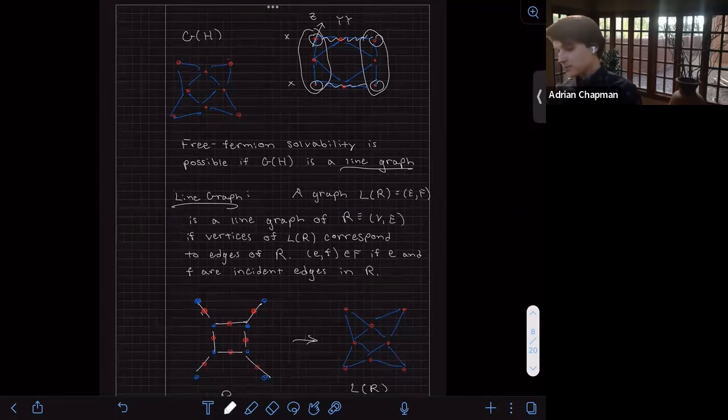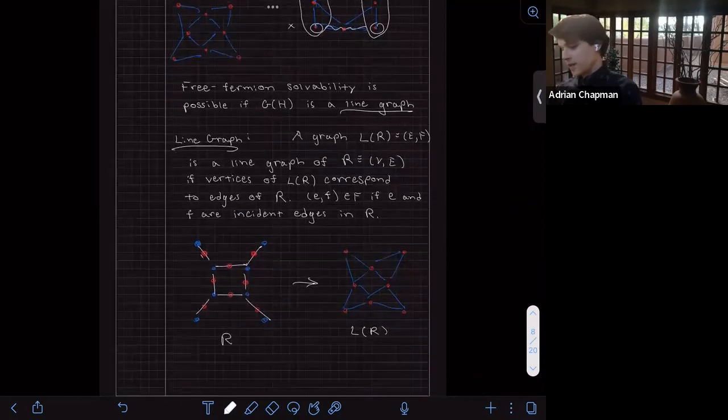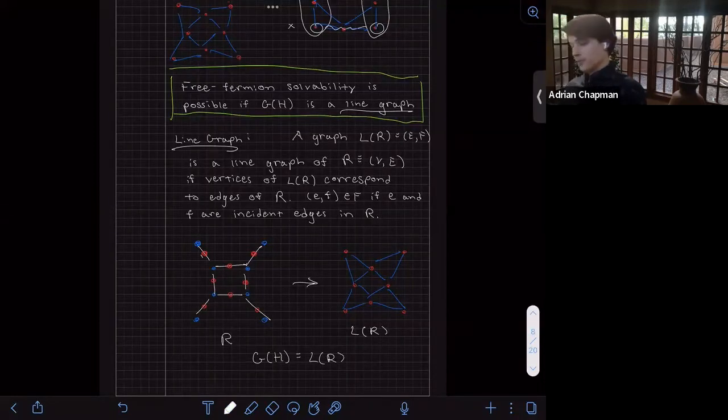And what's important is that, as we said, is an indicator that the Hamiltonian has a Free-Fermion solution. So in other words, in this case, G of H, the frustration graph of the Hamiltonian, is the line graph L of R of some root graph.